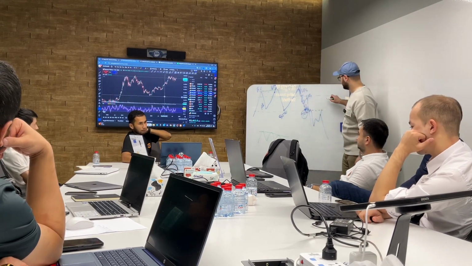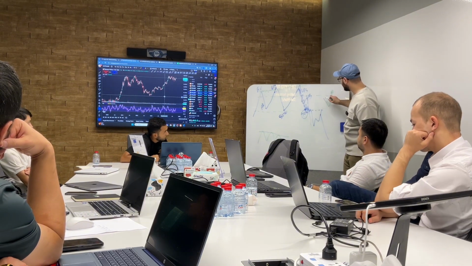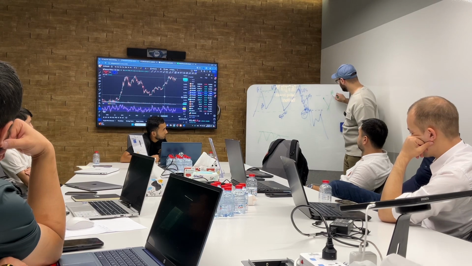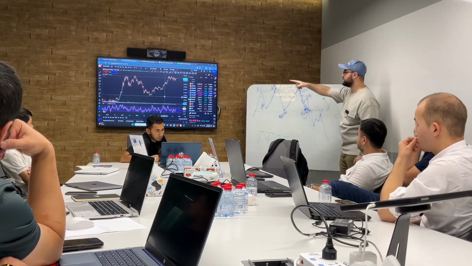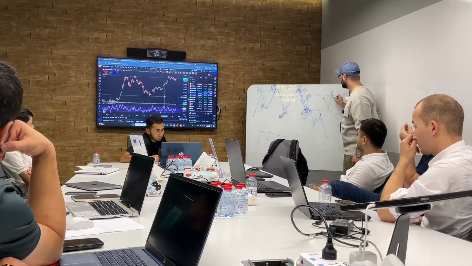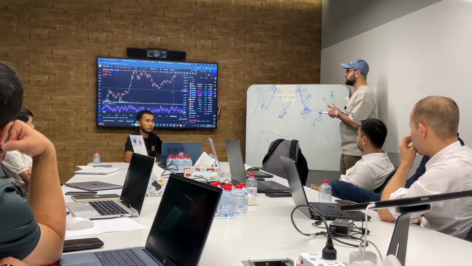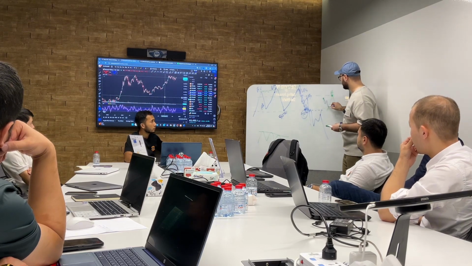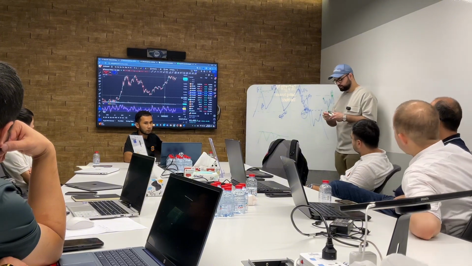In an ABC expanded flat, your B will be higher than your start, because you have A, B, and C. So B will be higher than this one. And that's what happened with Bitcoin. This was just a correction of the move, and people thought it would continue up, but it was an expanded flat. You will have 3 moves down, 3 moves up, 5 moves down in an expanded flat.